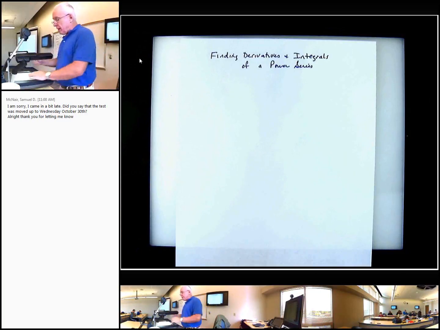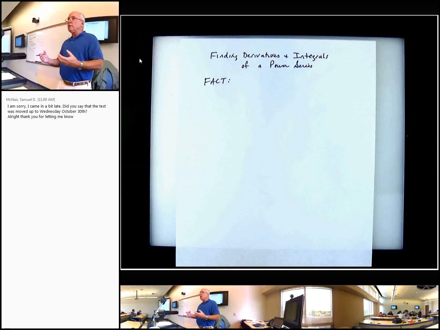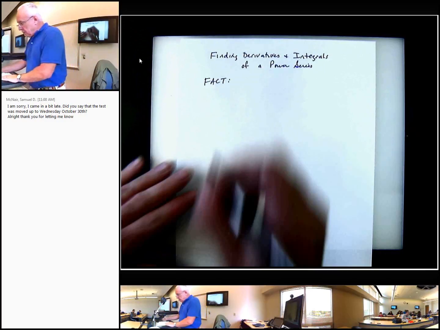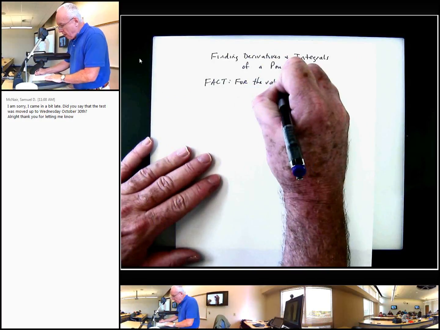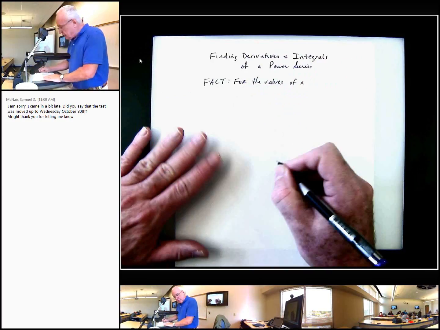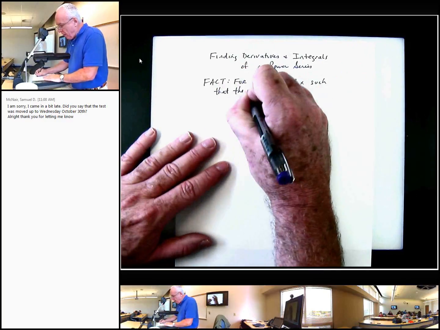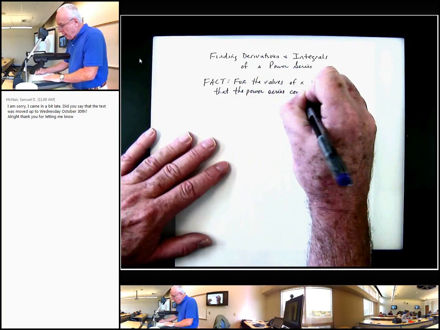Now, this is the fact. For the values of x that have the power series converge to a nice finite number, we can just take the derivative term by term, or we can take the integral term by term. So let me put this down here. For the values of x such that the power series converges, and what are we talking about here?